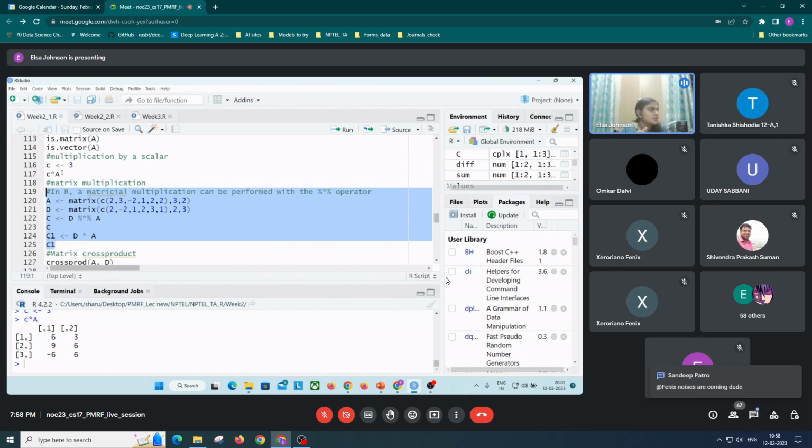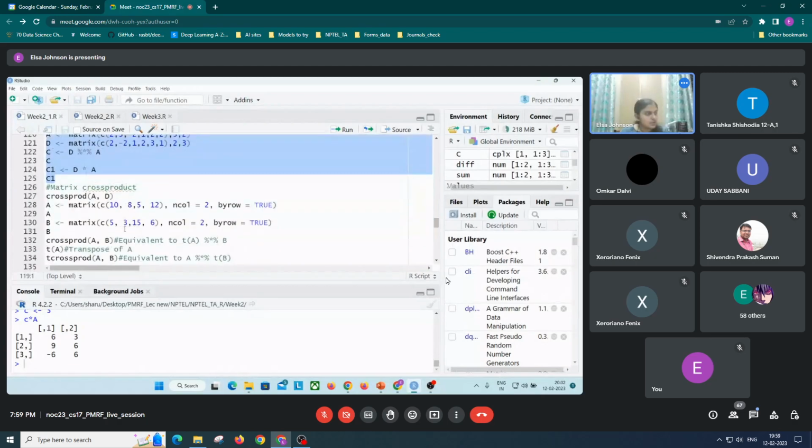There will be some operations where you want to multiply some scalar with matrices. In those cases, you can use this. Just type in the chat window, okay? I'll check that later.